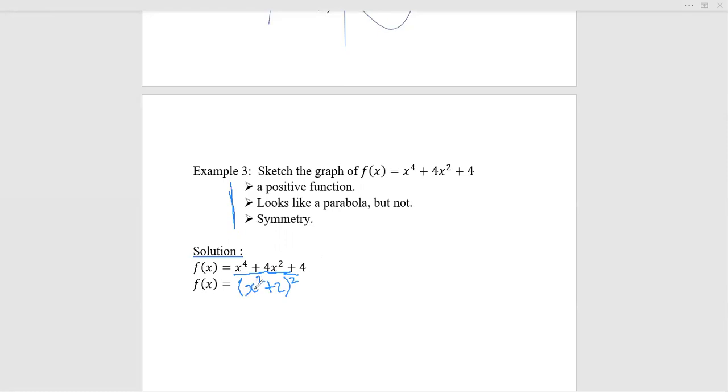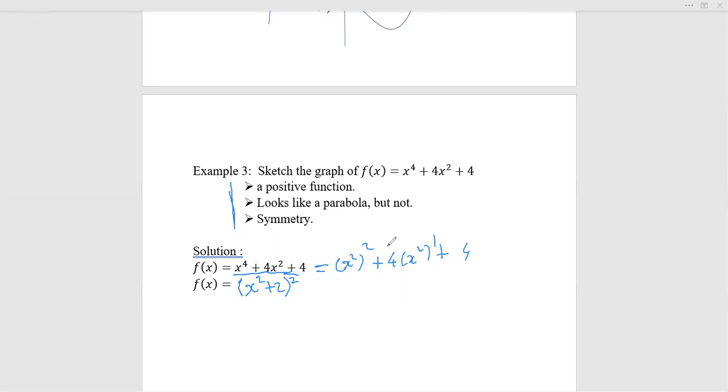Okay, now just to let you know, we can write this as a quadratic equation of x squared. x squared to the 2 is x to the 4, plus 4 x squared to the 1, plus 4.